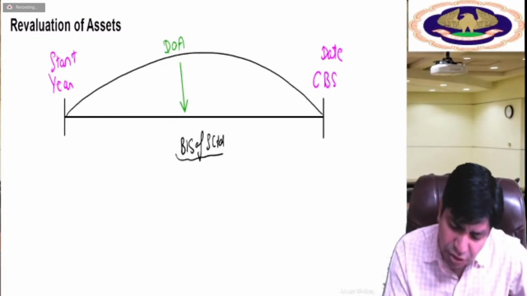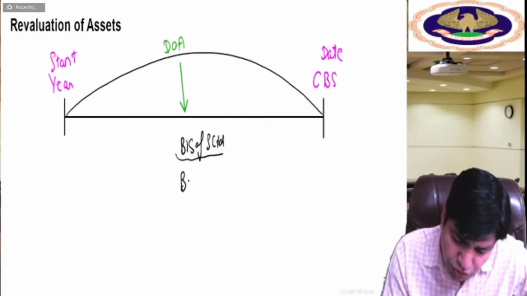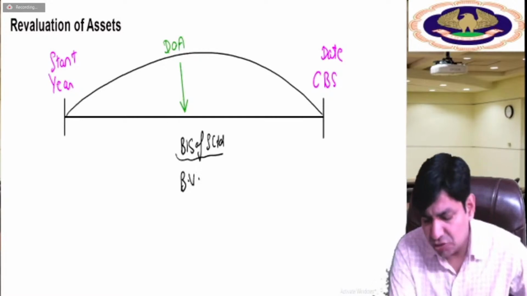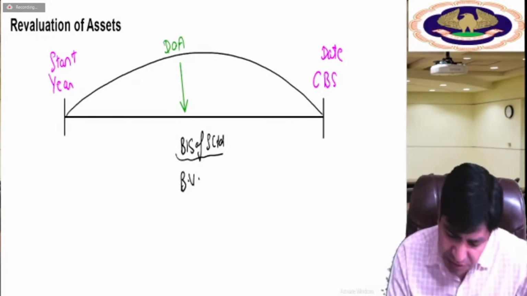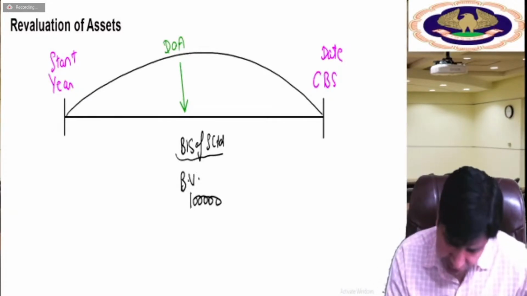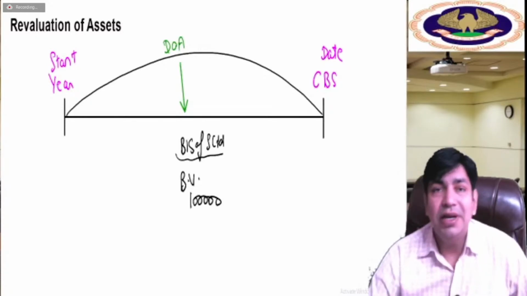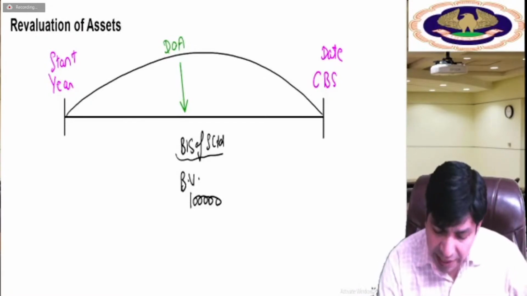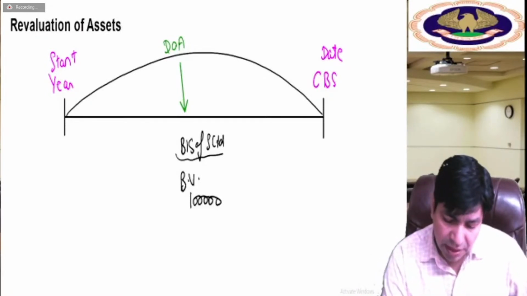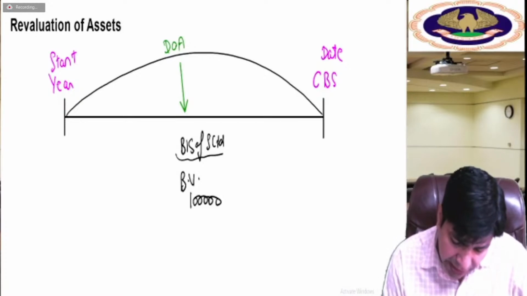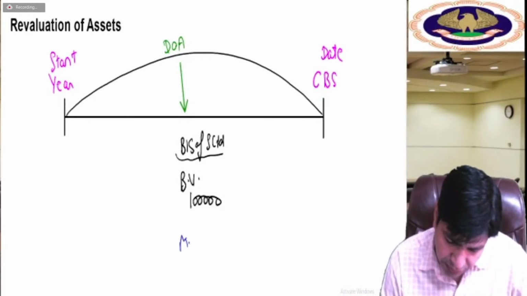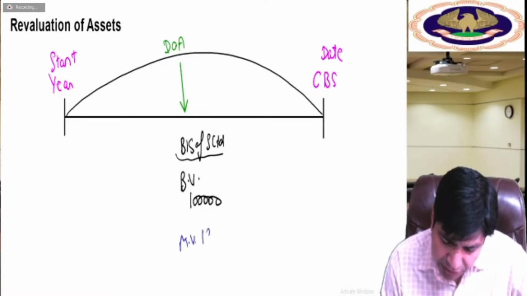In the balance sheet of a subsidiary company, suppose on the date of acquisition, book value is 1 lakh. But for the holding company, it is having market value of 1,20,000.